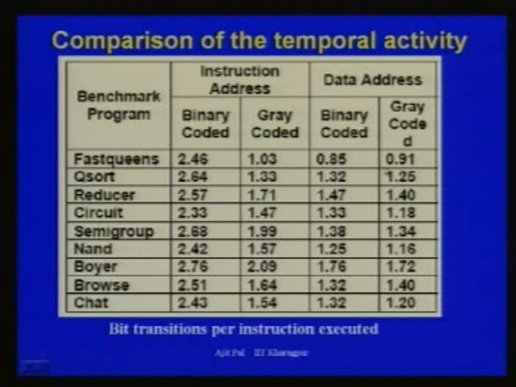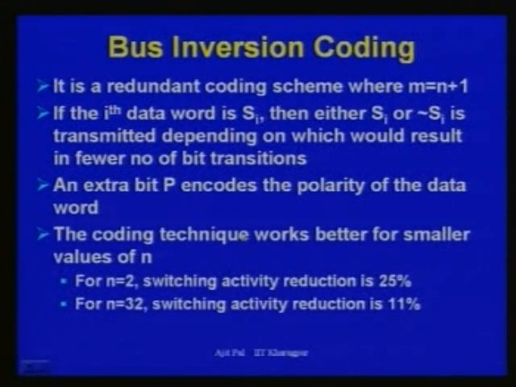So, you see, instead of decreasing, in some cases the number of bit transitions per instruction increases whenever you do this on the data bus, but on the address bus it is definitely beneficial. Another encoding technique is known as bus inverse encoding, where what you do, say you have sent some data now, next time you send either the original data or its complement.